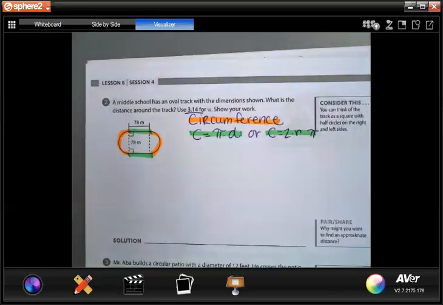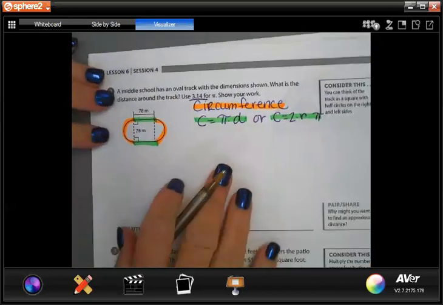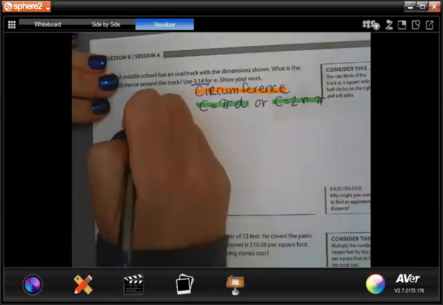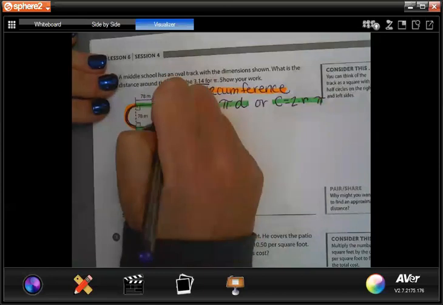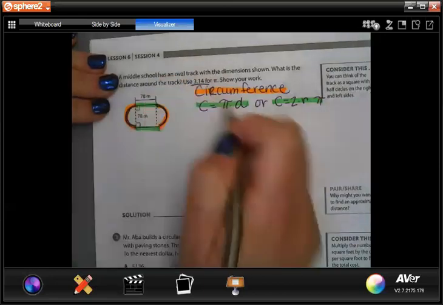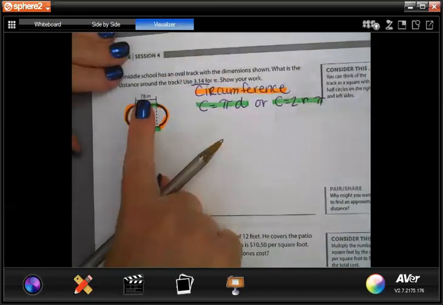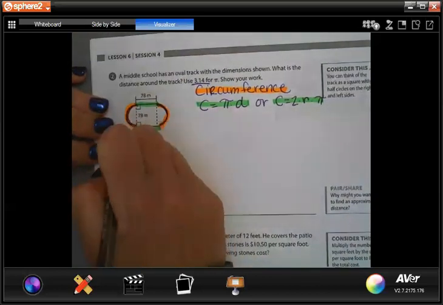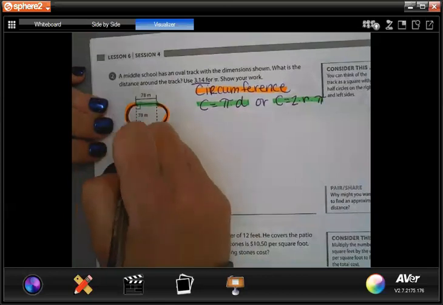Now if we come over here and look at this, this side is half of the circle and this side is the other half of the circle. So if I ignore this middle part right here, I could draw a circle right here and it has a line of 78.